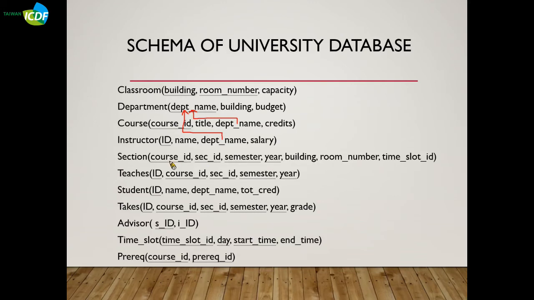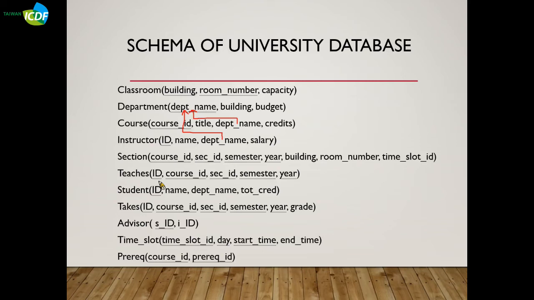After examining, we can find none of them is the primary key of another table. So the section table has no foreign key.